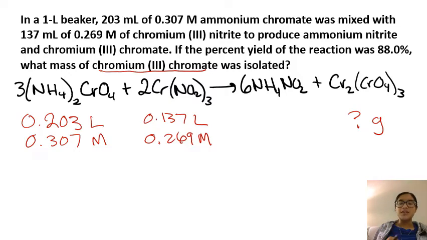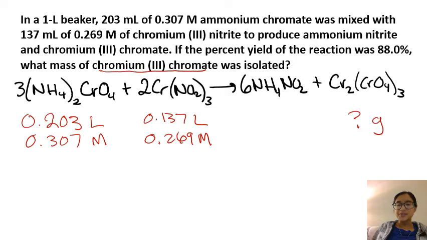If you're given molarity in liters, you can use the molarity equation to get to moles. Today, technically, we're going to be learning about gas laws, and that will be a whole other way to get to moles. But whatever you do, get to moles so that you can use the stoichiometry of the problem.